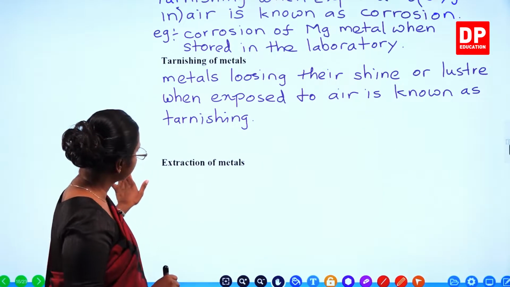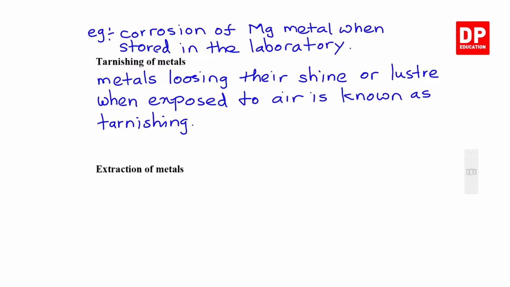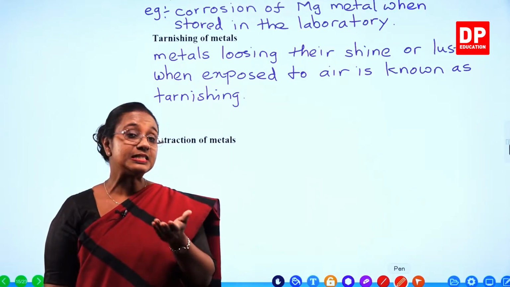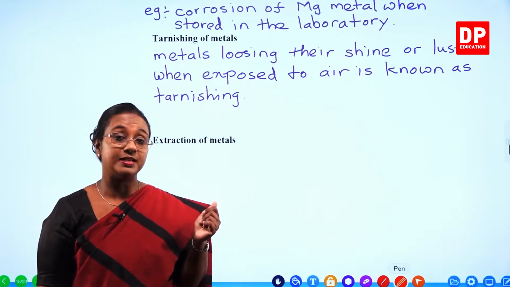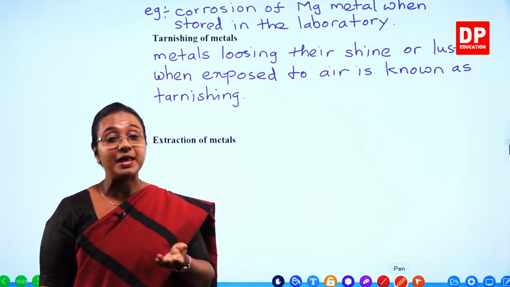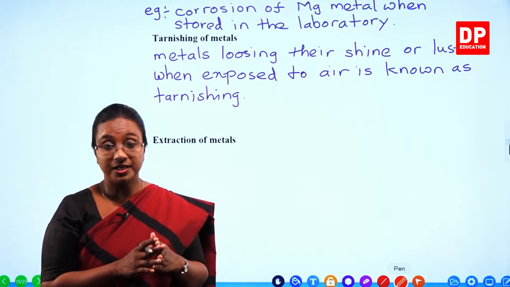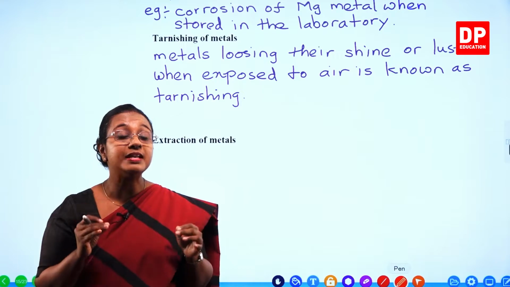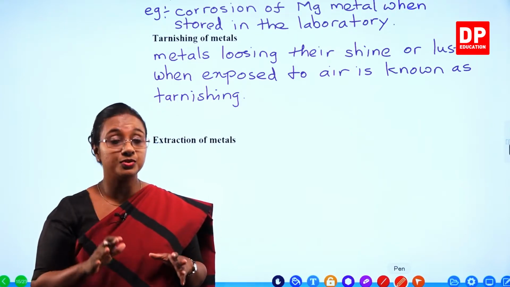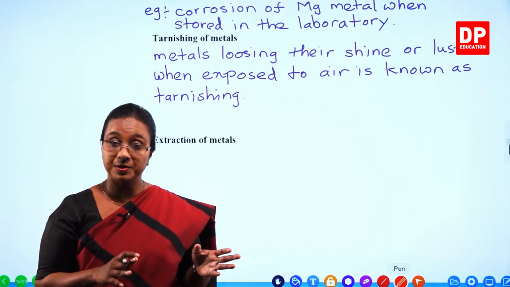Then we have the last one, extraction of metals. What is extraction of metals? Now there are some metals that exist as native metals. Example, silver, platinum, gold. Even they exist with impurities. So we need to use very simple physical methods to separate them from their impurities.